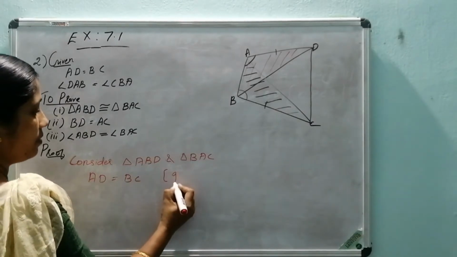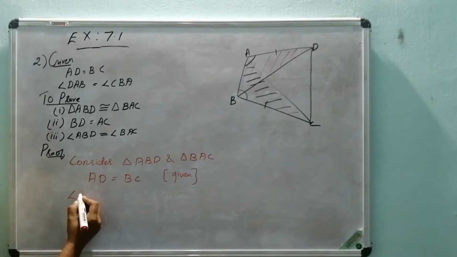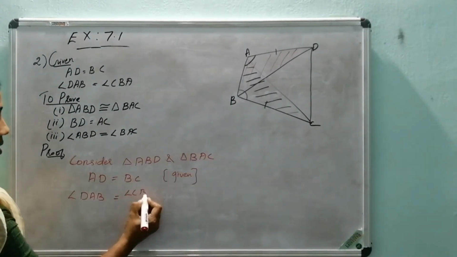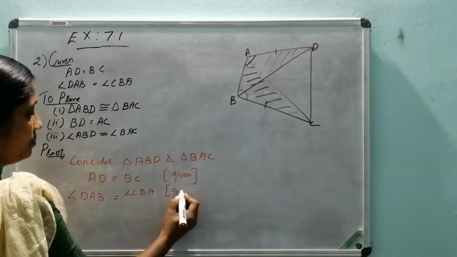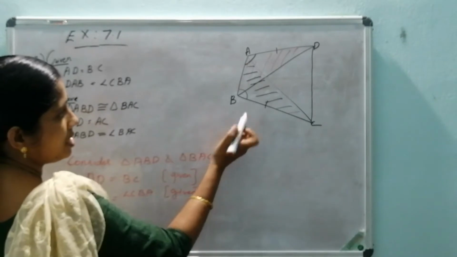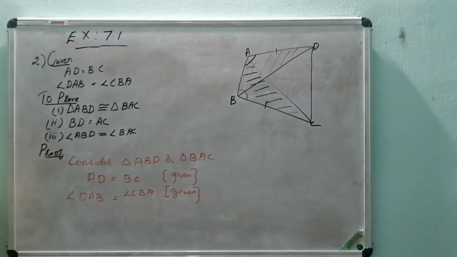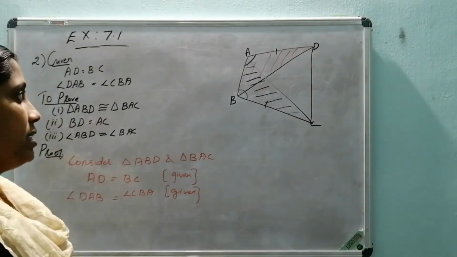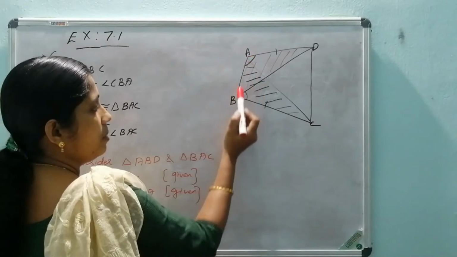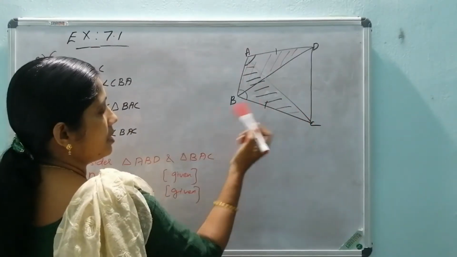What is given there? AD is equal to BC. Then also it is given that angle DAB is equal to angle CBA. We got AD equal to BC and these two angles are also equal. One side and one angle is equal. Then is there anything else? ABD and BAC.